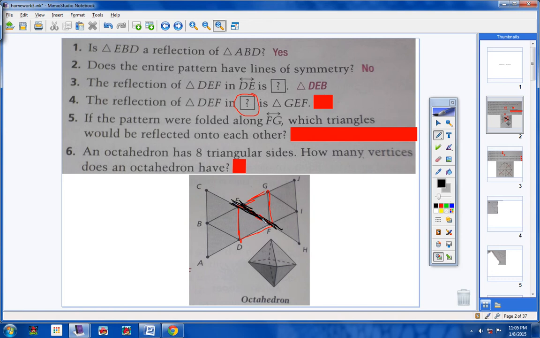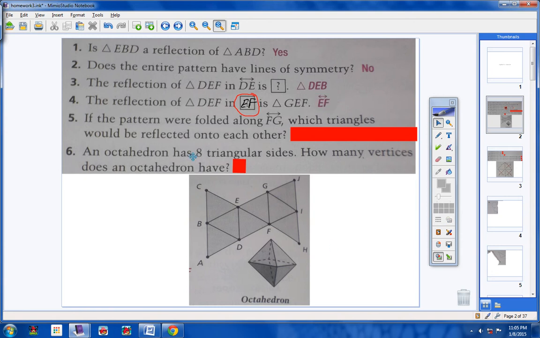So it would be this line right here, and that line, of course, is called line EF. So right here goes EF. The reflection of triangle DEF in EF is triangle GEF. Okay? Alright, let's continue on.